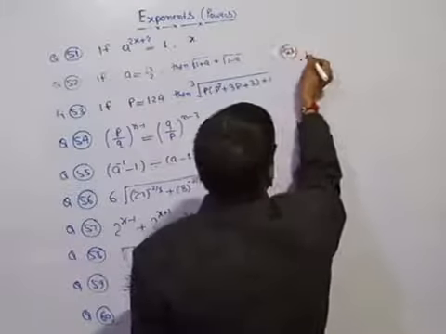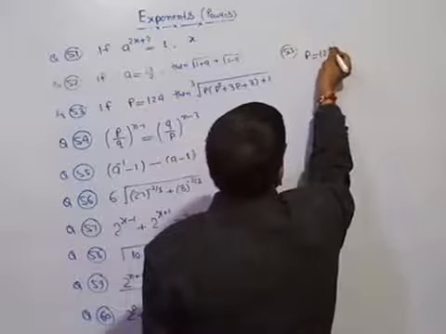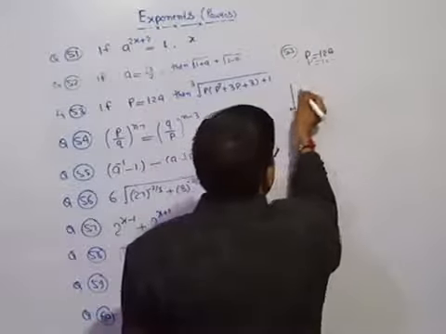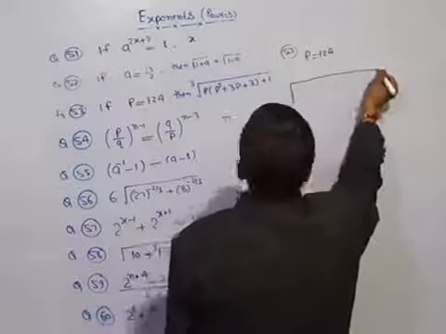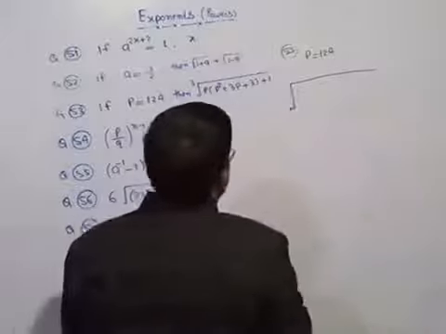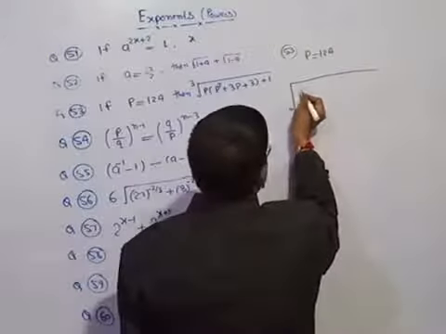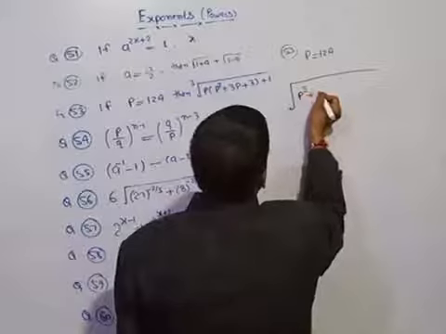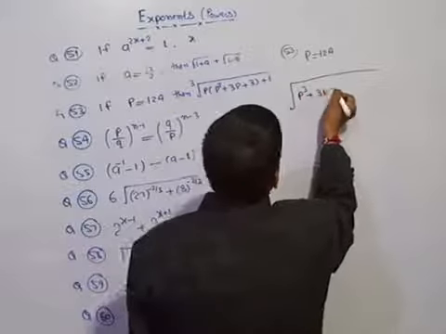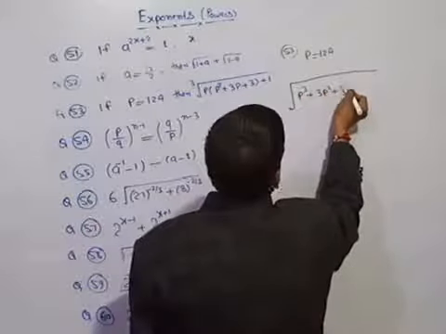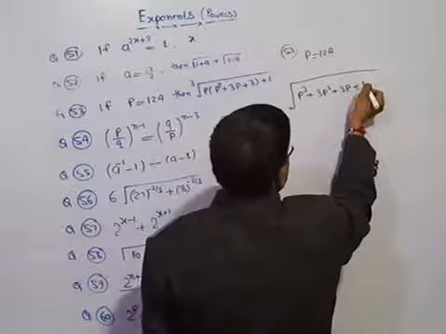p equal 124. We can write this step p cube plus 3p square plus 3p plus 1.